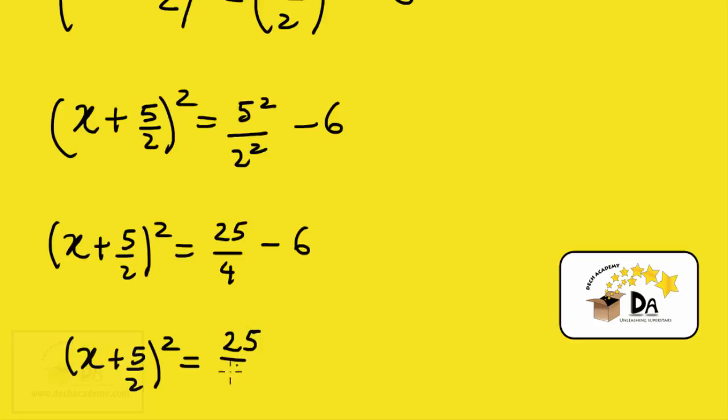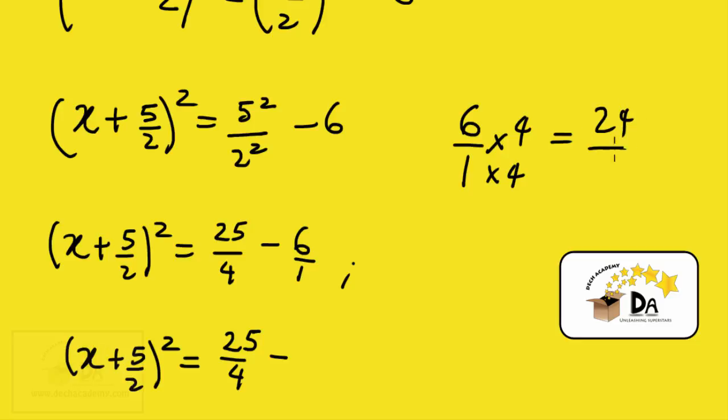So now we have x plus 5 over 2 squared equals 25 over 4 minus, now instead of 6 you can rewrite 6 as 6 over 1, and just to make the subtraction of these fractions easier, let's rewrite these two fractions so that both have the same denominator. This can be achieved simply by multiplying both the numerator and denominator of 6 over 1 by 4. Doing that gives 24 over 4.